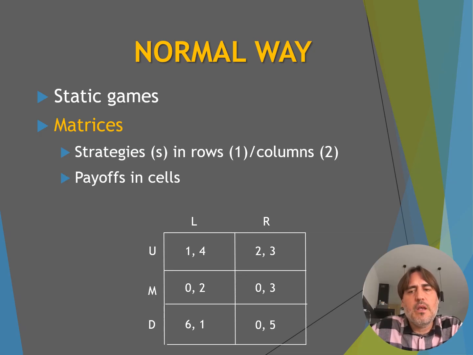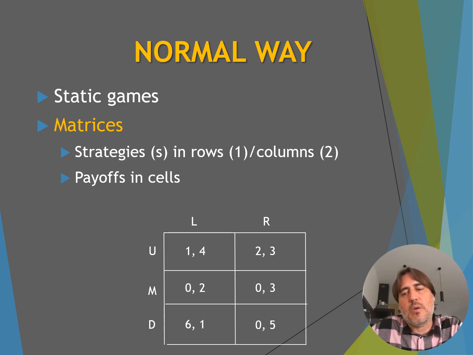Each column corresponds to a different strategy profile for any player, and each cell, therefore, corresponds to a vector of strategies. And in each cell, we will indicate the utility or economic benefit that each player could obtain if they behave according to the strategy profile corresponding to that cell.